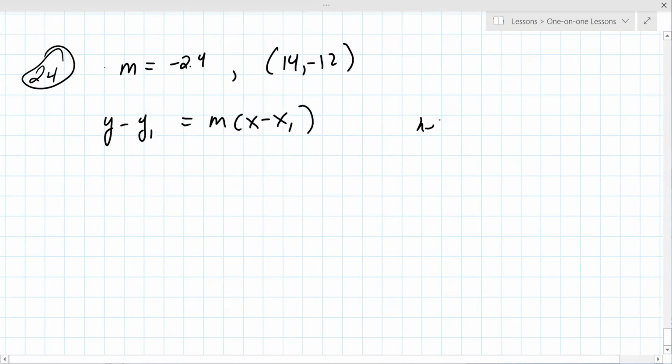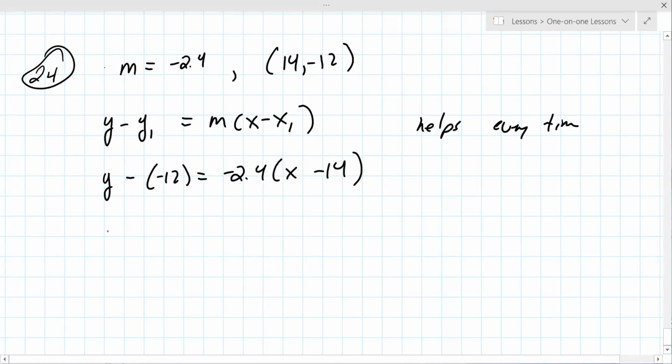It really helps to write this every time. It feels like extra, but the more you do it, it ingrains it in you. y minus minus 12 equals minus 2.4 times x minus 14. y plus 12 equals negative 2.4 times x minus 14.